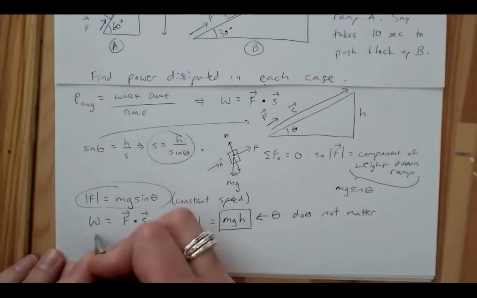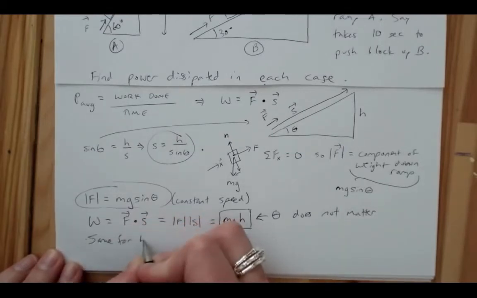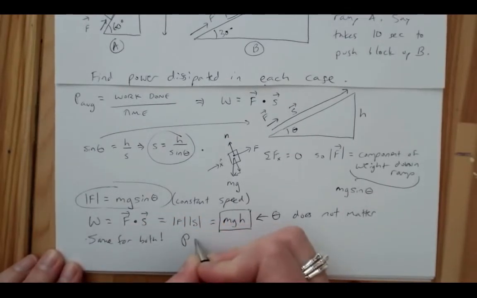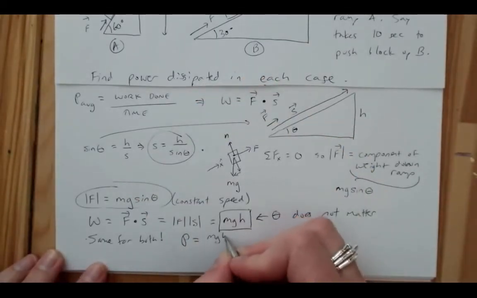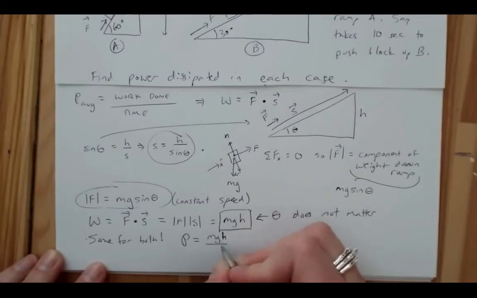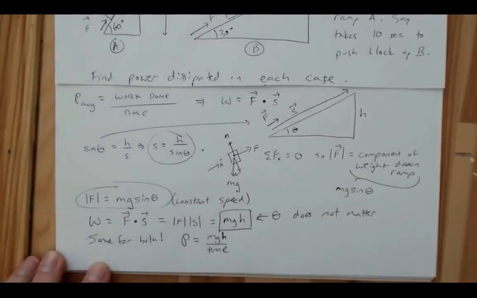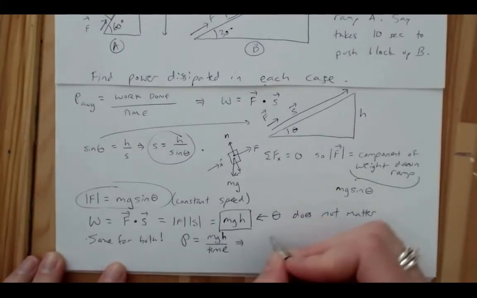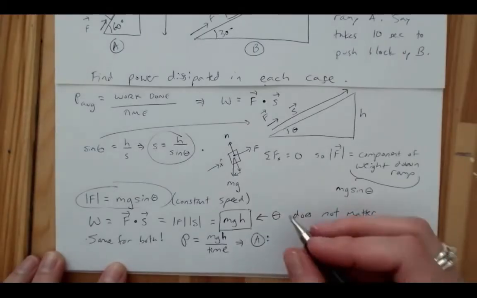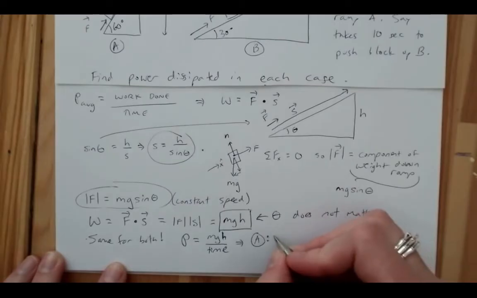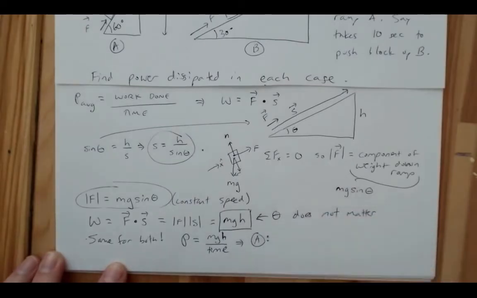And so all that's going to matter for our average power is going to be the time. So it's going to be equal to mgh divided by the time. And so for ramp A, where we were told it was 5 seconds, then it's going to be equal to mgh.